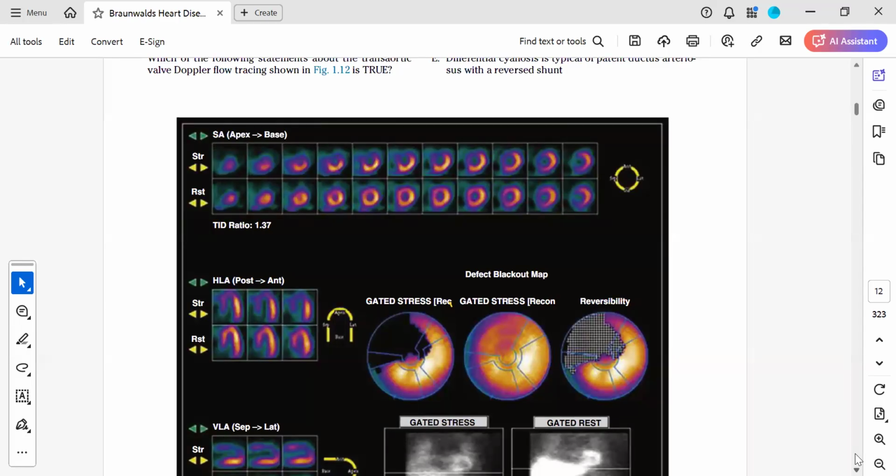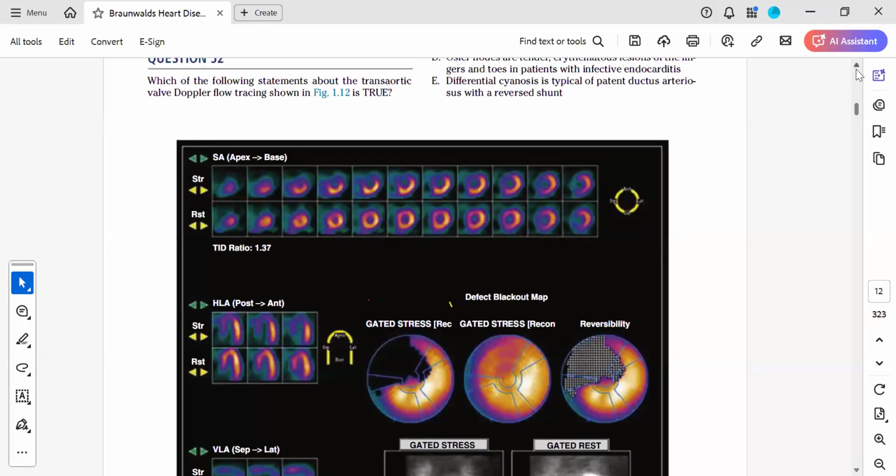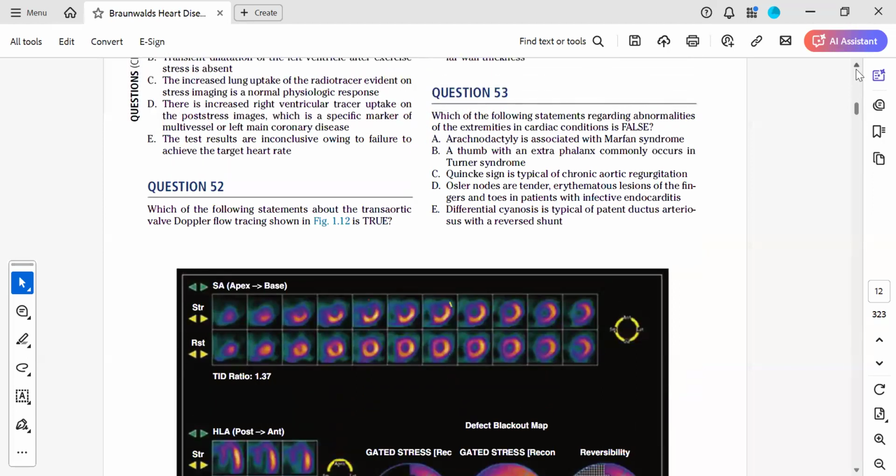Option E. The test results are inconclusive owing to failure to achieve the target heart rate. This is false.